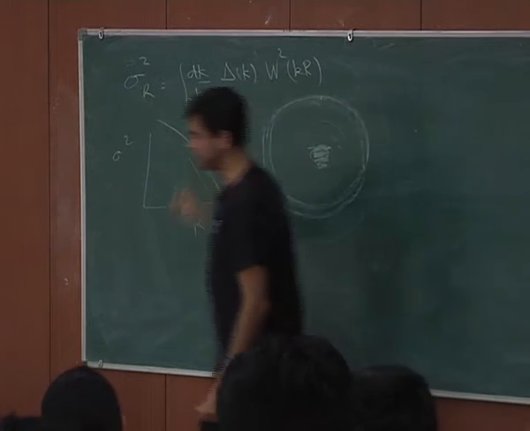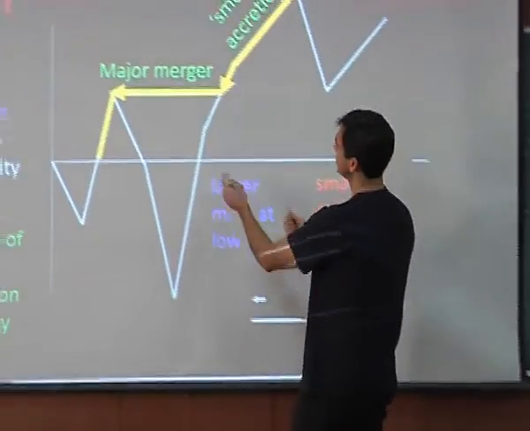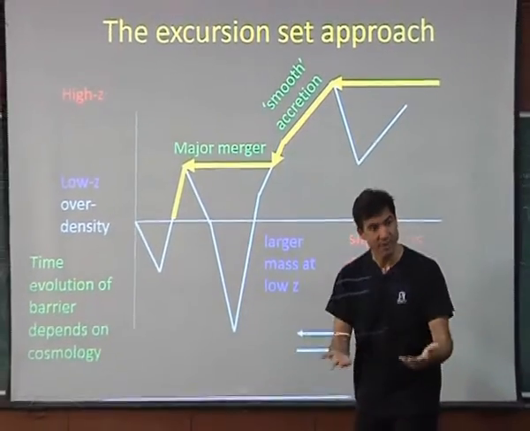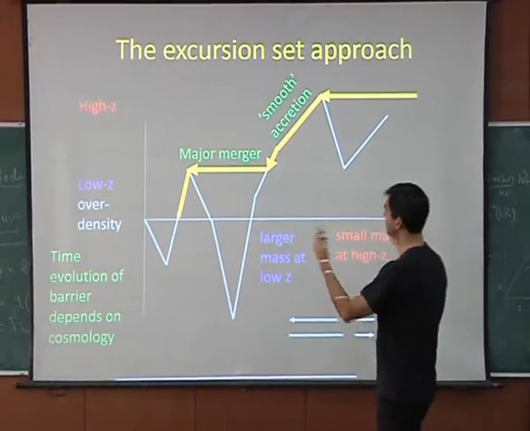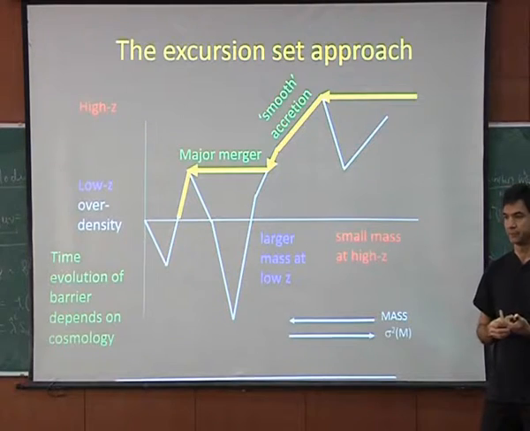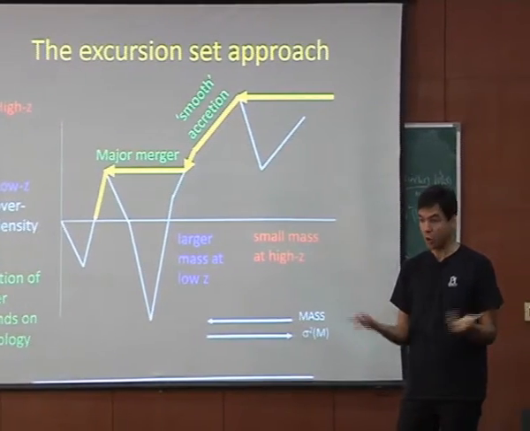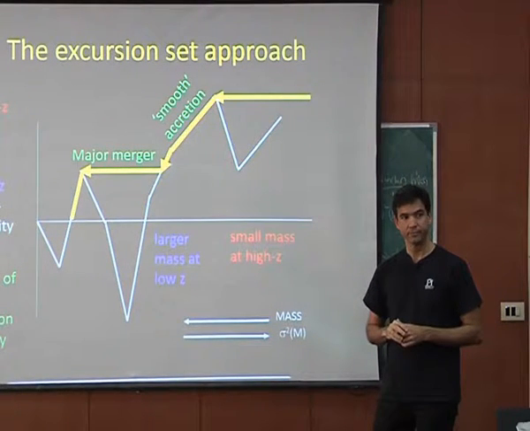So the translation from sigma squared to radius, or sigma squared to mass, depends on the power spectrum. But this picture is now independent of power spectrum and independent of cosmology. So it's very powerful because you can analyze all these different models with this same picture.